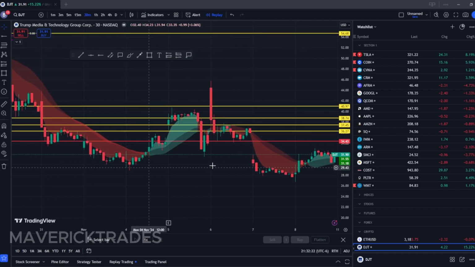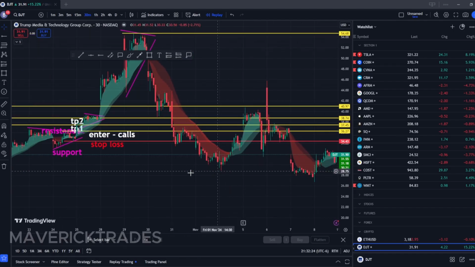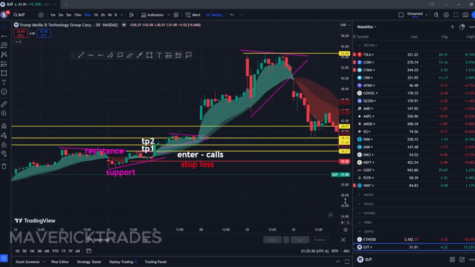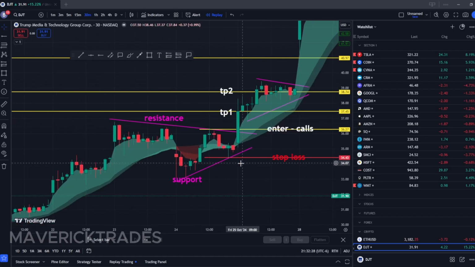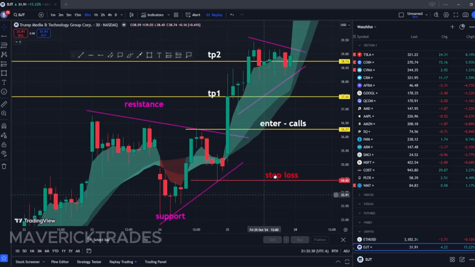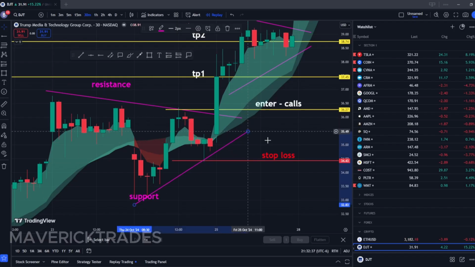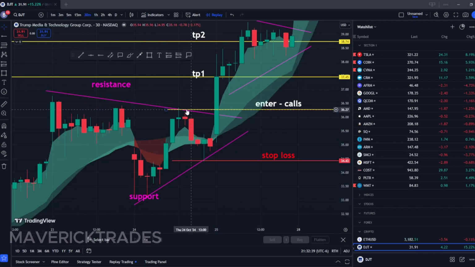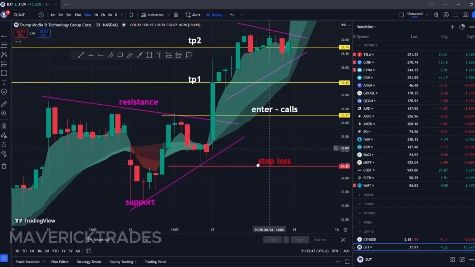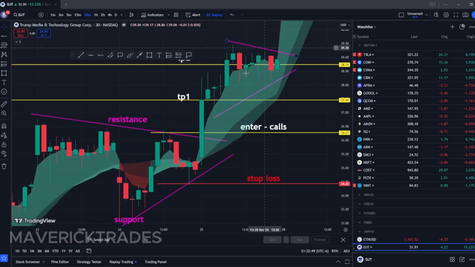It's not really doing much now because of the election, but as you can see right here, I mapped it out for you guys. We have strong resistance, strong support. 1 touch, 2 touch, 3 touch, 3 touch resistance, multiple touch support. Okay, and then it breaks out.